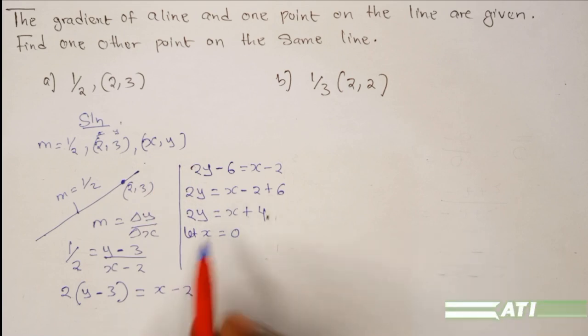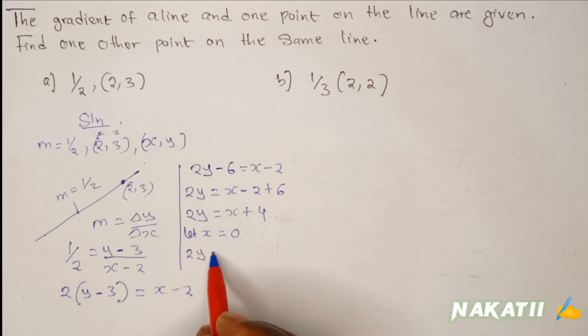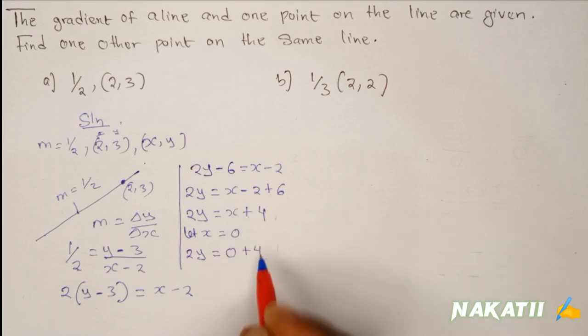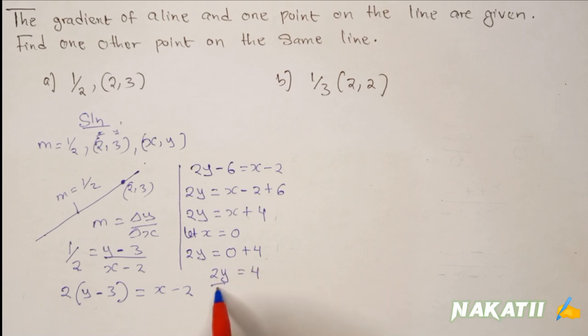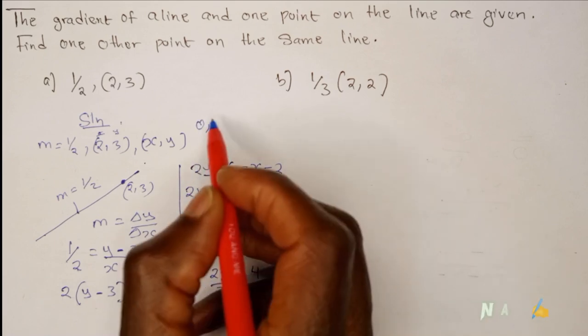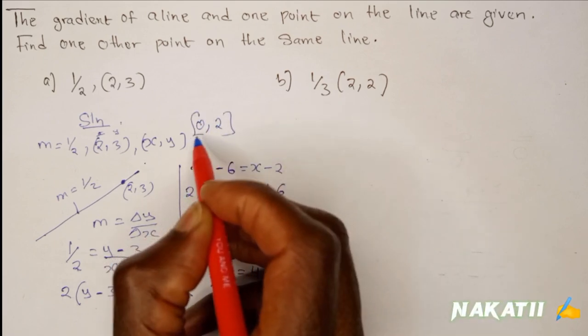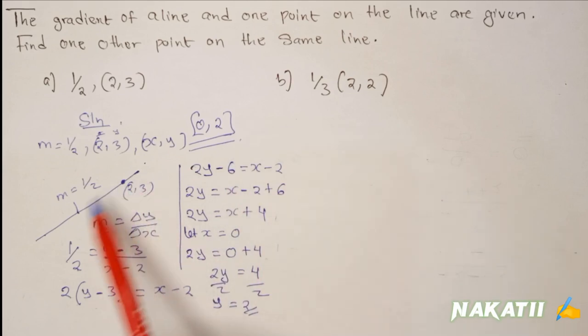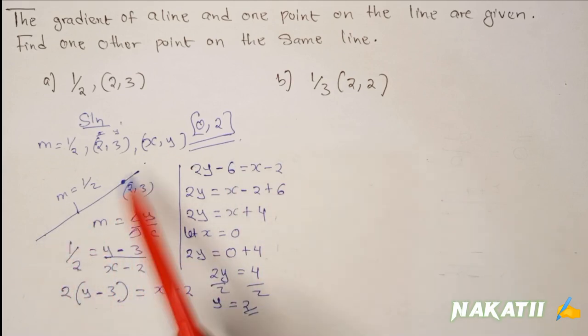We're going to have 2y is equal to 0 plus 4, so 2y is equal to 4. You divide by 2, you divide by 2. So our y will be equal to 2. Therefore that point is (0, 2). So this is another point that is on this line.